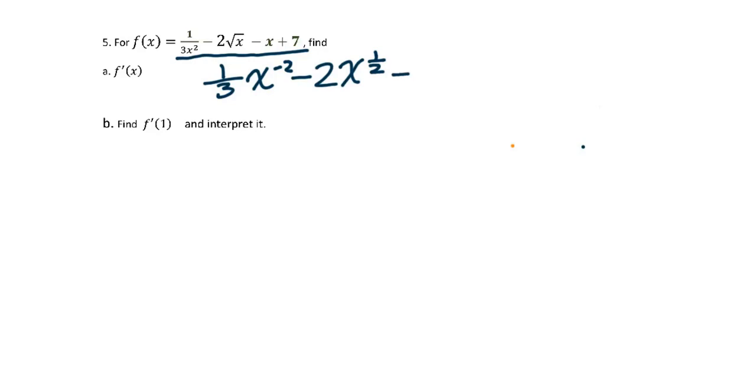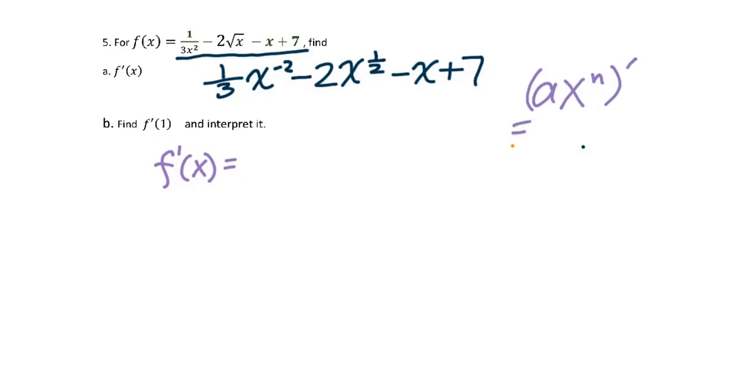Then minus x plus 7. Then we do f prime of x equals. Using the power rule, it's a x to the nth power, we do a times n x to the n minus 1th power.